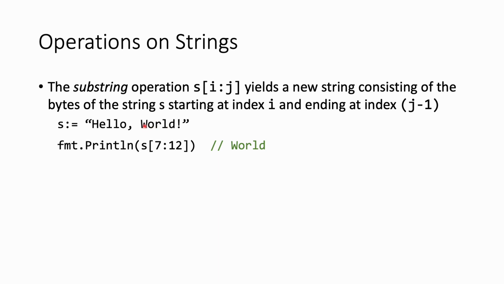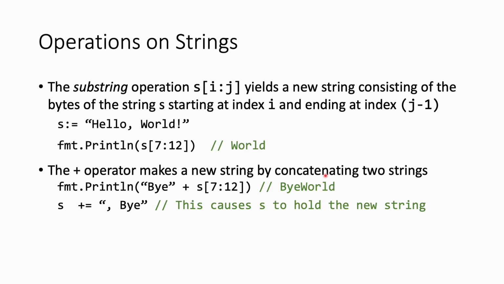The character at index 7 in the string S is the character W, or the byte corresponding to the ASCII character W, and the character at index 12 is the exclamation point. So the substring S[7:12] is just the string world from the string hello world.